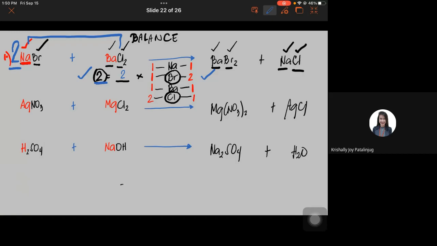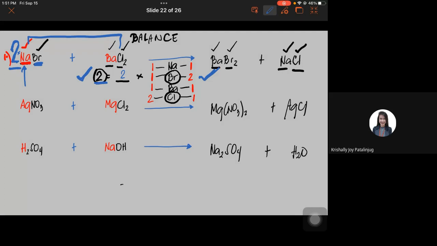Now, after you write coefficient of 2 before the chemical formula sodium bromide, the atom sodium is affected, right? After you write 2 here, the mathematical operation here is actually times. Okay? 2 times 1 atom of bromine, so 2. That's why balanced already yung bromine at both sides. What about sodium?